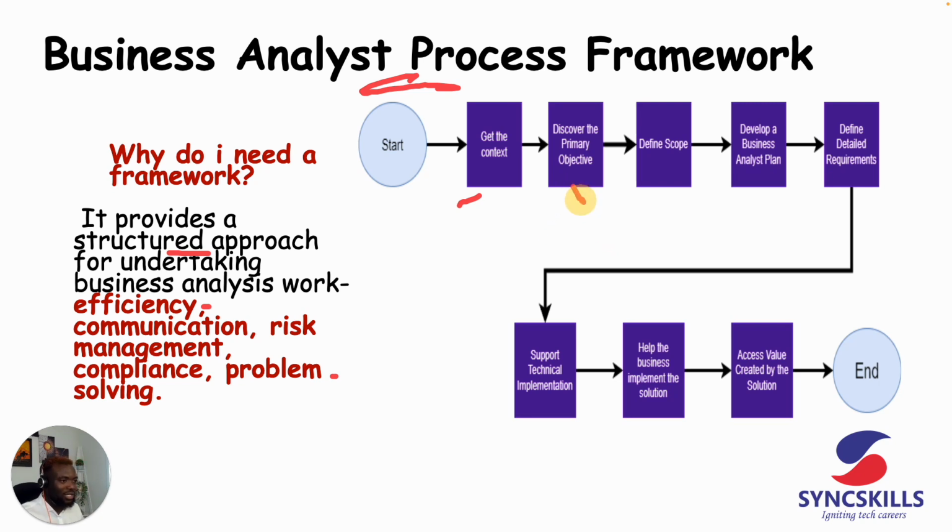Once you're able to work with your stakeholders and understand the objective, like I said, it might well be that you are joining the program in the middle and the project is already running. So you still need to circle back and understand the context. The objective probably has been documented by another business analyst, so you still need to circle back and understand the objective.